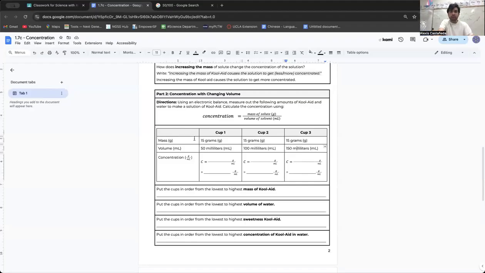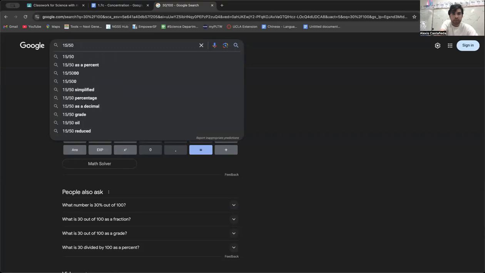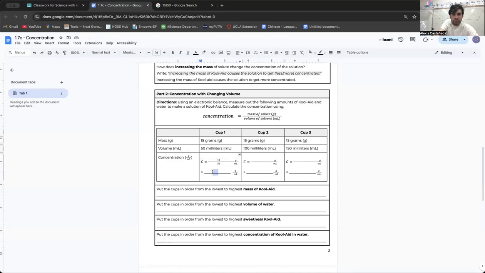All right. So in the first one, we have 15 grams of Kool-Aid, and we're going to divide by 50 milliliters. If I have 15 and I divide by 50, I get 0.3. So this concentration is 0.3 grams per milliliter.